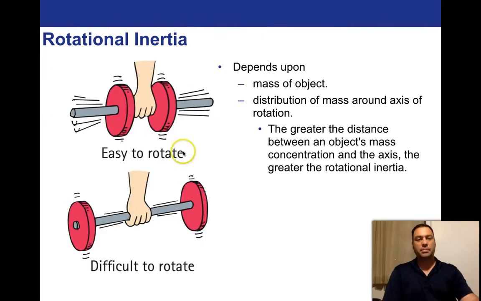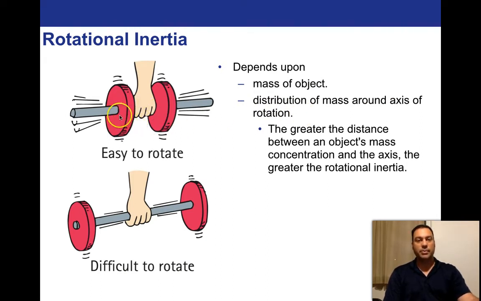So there are some properties of rotational inertia that we should keep in mind. It's dependent upon the mass of the object, and it's also dependent upon the distribution of mass around the axis of rotation. In this case, we have a dumbbell, right?